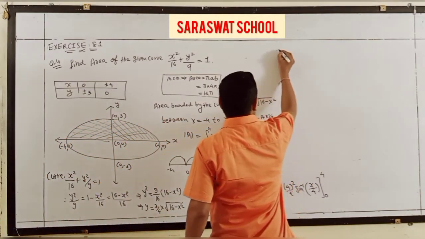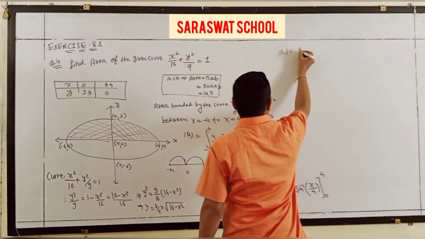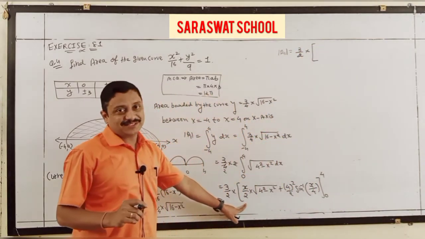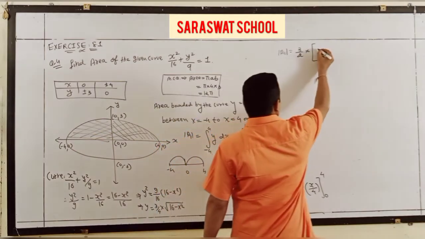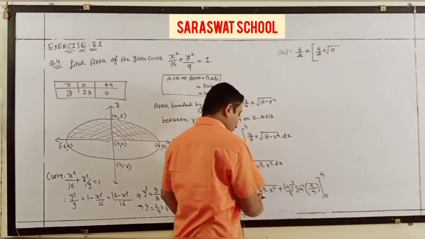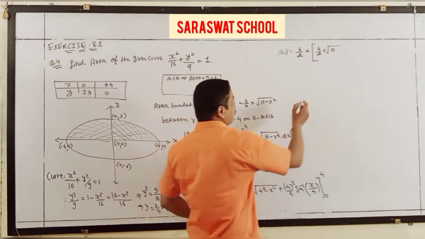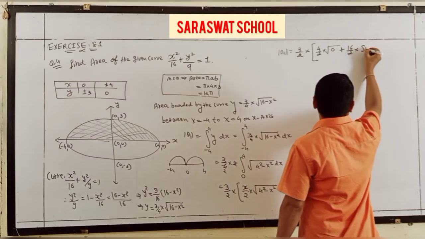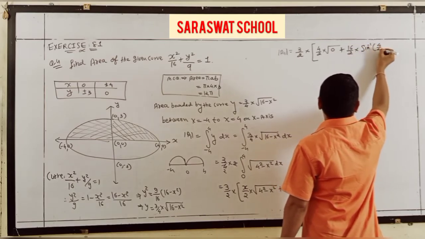Now students, in a simple way you can apply our limits. So area A1 is 3 by 2 same, and apply your limits: 4 by 2 times root of 16 minus 16, that is 4 square minus 4 square, 0, plus 16 by 2 sine inverse 4 by 4.